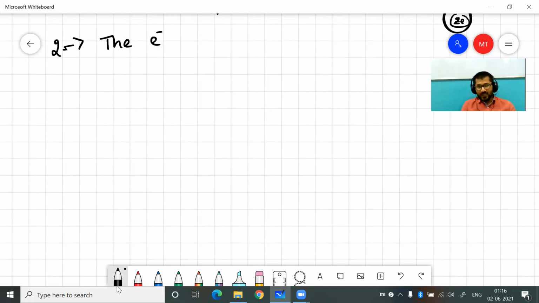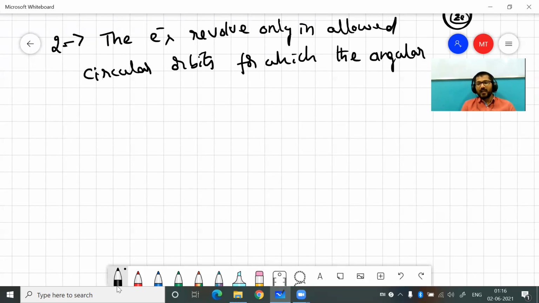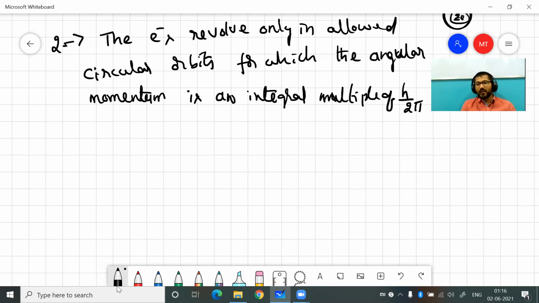The electrons revolve only in allowed circular orbits for which the angular momentum is an integral multiple of h by 2 pi.